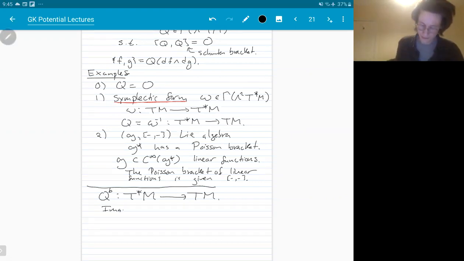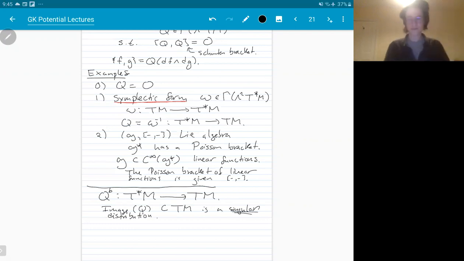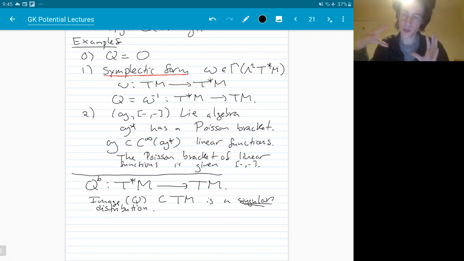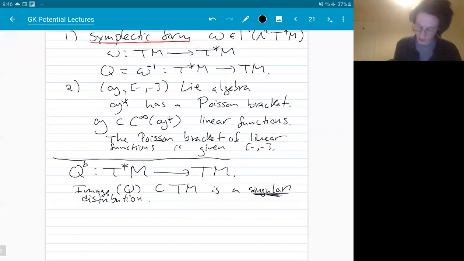The image of Q inside TM is a distribution, but it's actually a singular distribution. So a Poisson structure leads to a decomposition of the manifold into a bunch of leaves. But because it's a singular distribution, the leaves are not necessarily of the same dimension. In any case, you get this decomposition into leaves.